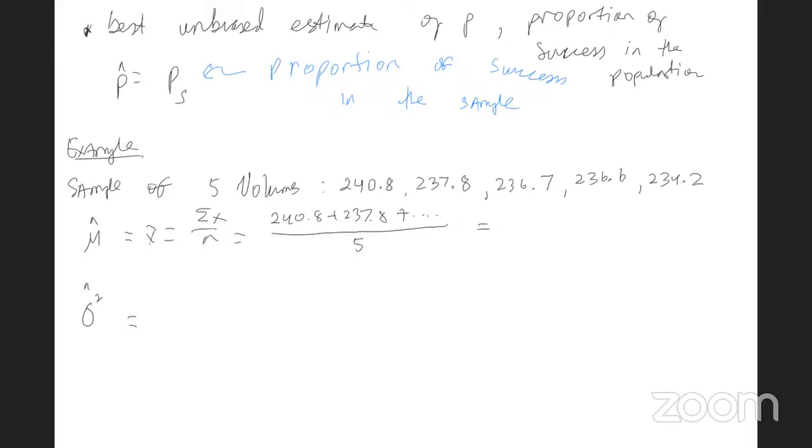How much did you get? I have 237.22. Remember, it's the mean, so all your values are like 200 and something. Check it back and make sure. It's only 5 values.